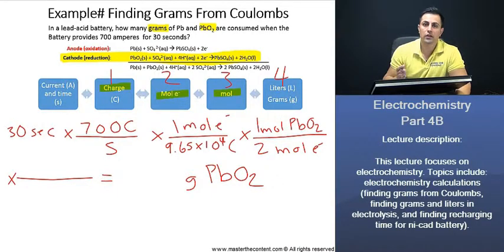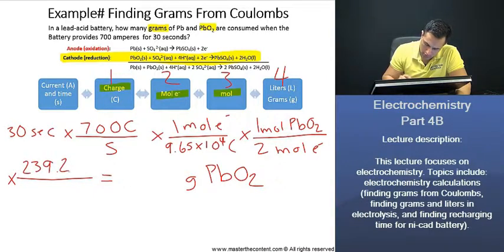If you check it out on the periodic table, you'll find that it is 239.2 grams of lead oxide per mole. Wonderful.